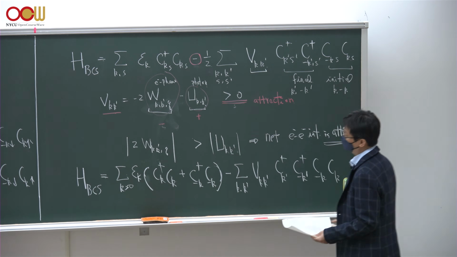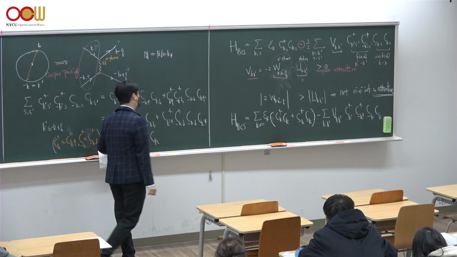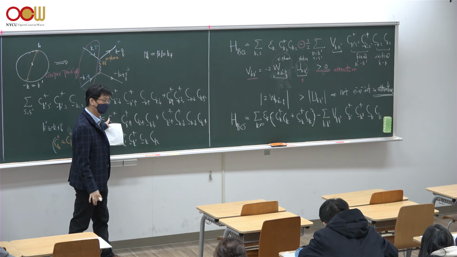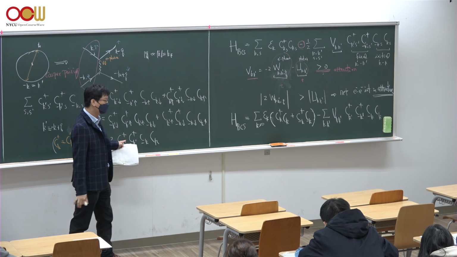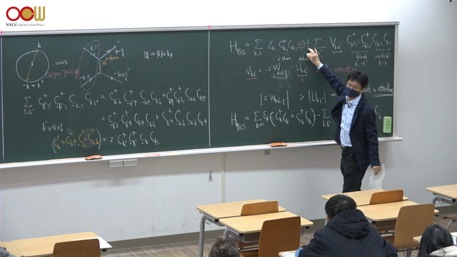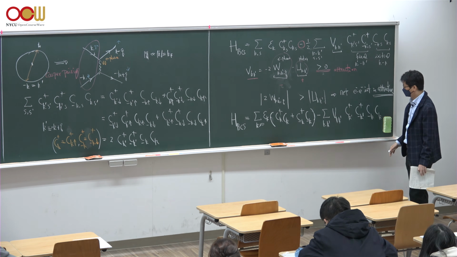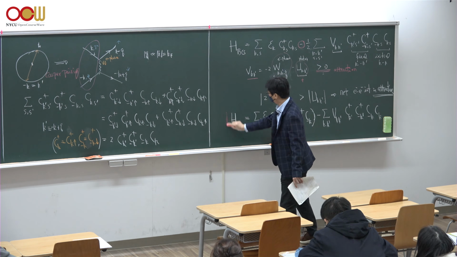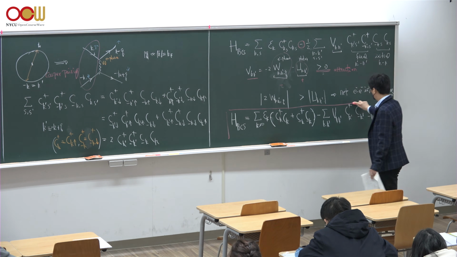Remember, there is a factor of 2 when I sum over spin, because I know these two terms are identical, and this factor of 2 cancels this 1/2 factor, so that this prefactor is 1. So, good, this is the starting point of the BCS Hamiltonian.